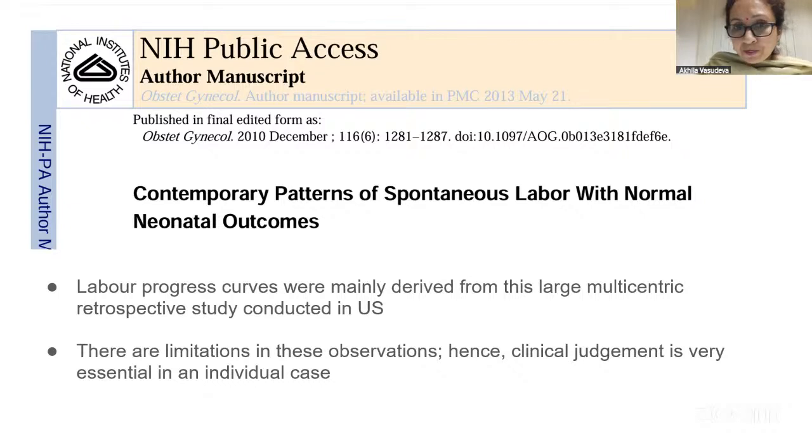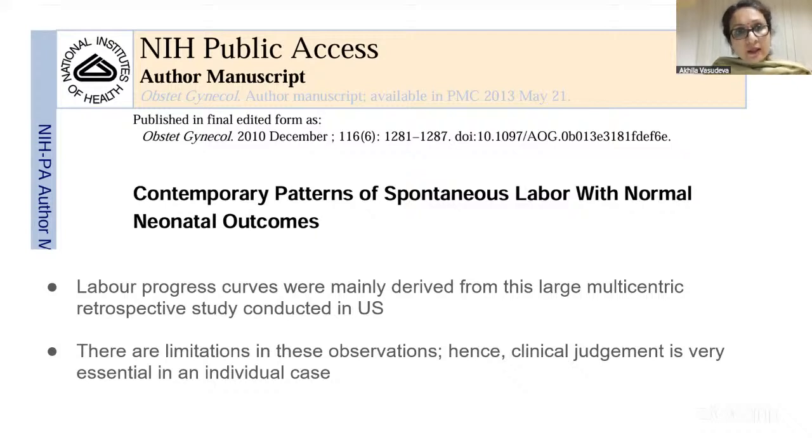So remember, the one good thing is that in this paper, everybody had good outcome, normal outcome. All of them had vaginal delivery and they all had normal outcome. It actually ensures us beyond doubt that we should give time for women in labor.